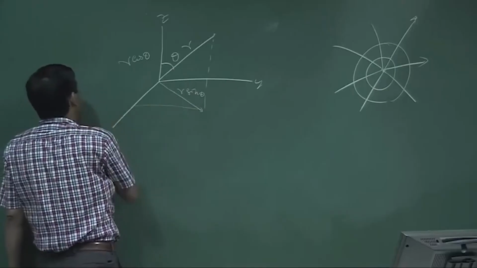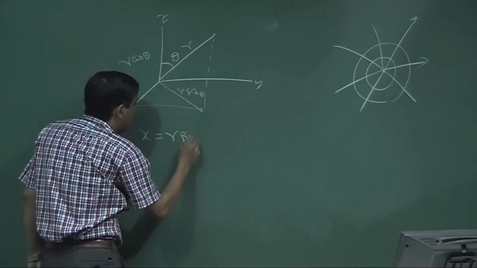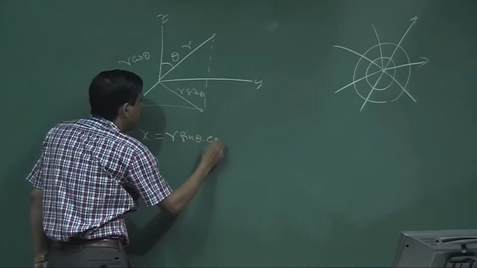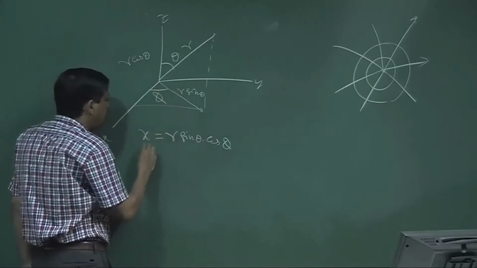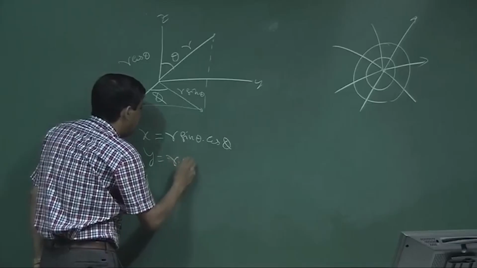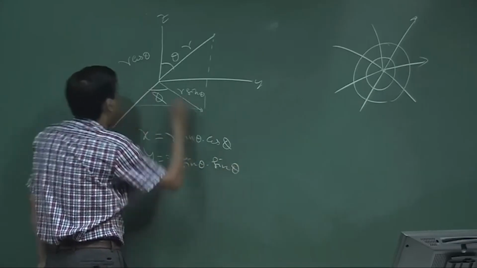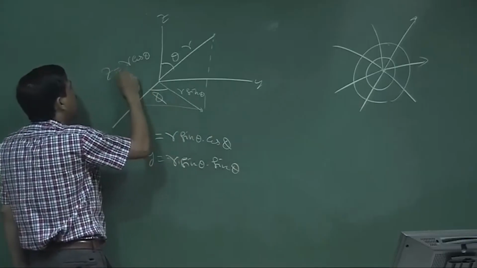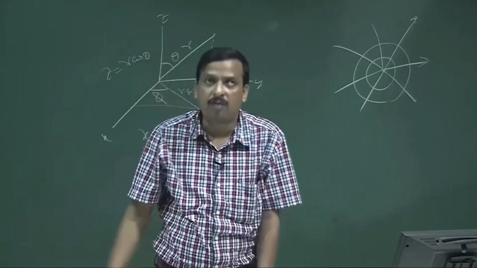So x is r sin theta cos phi, if this angle is phi. Similarly, y is r sin theta sin phi, and z is r cos theta.